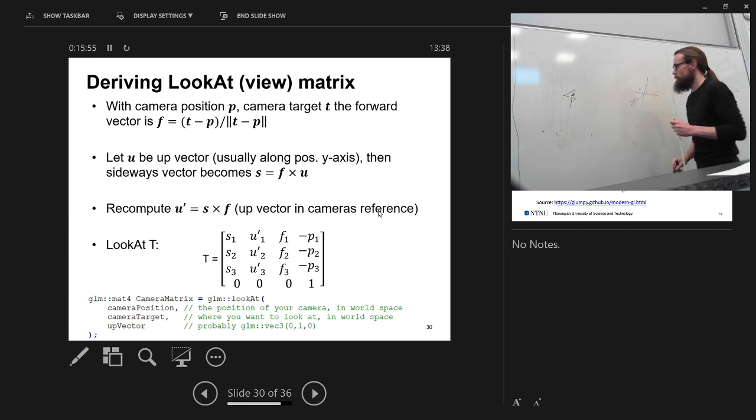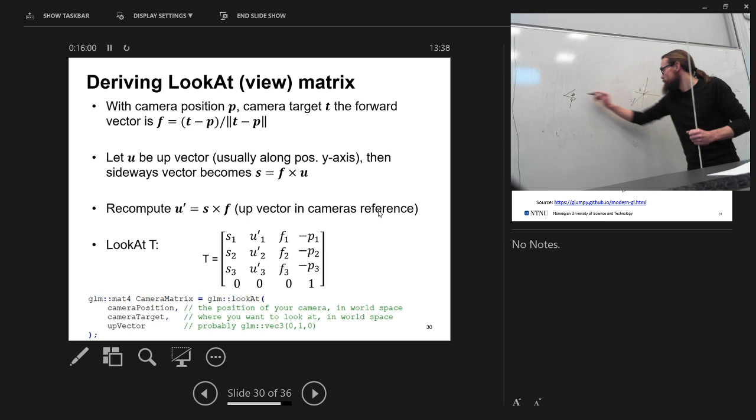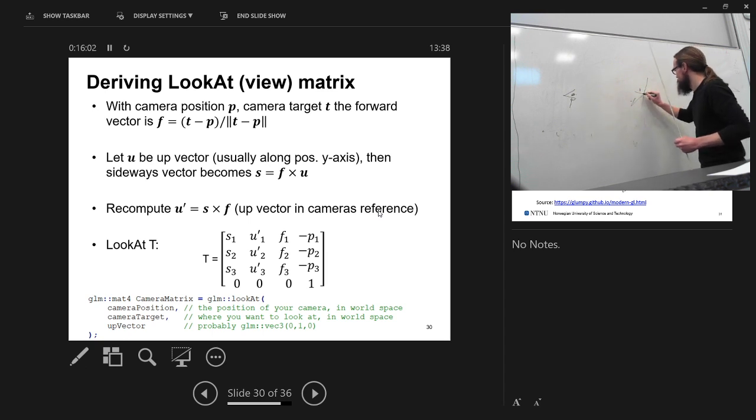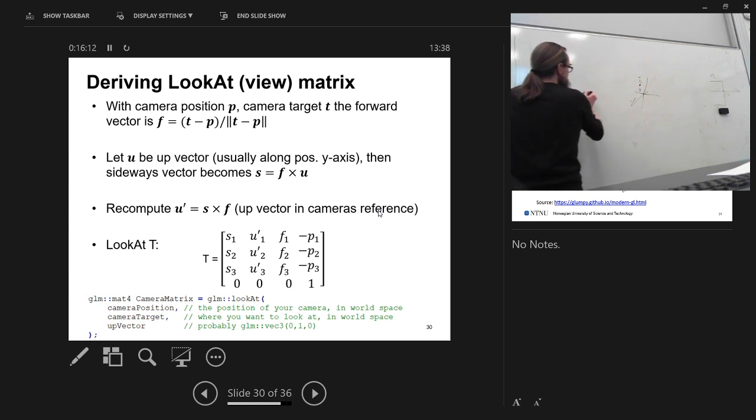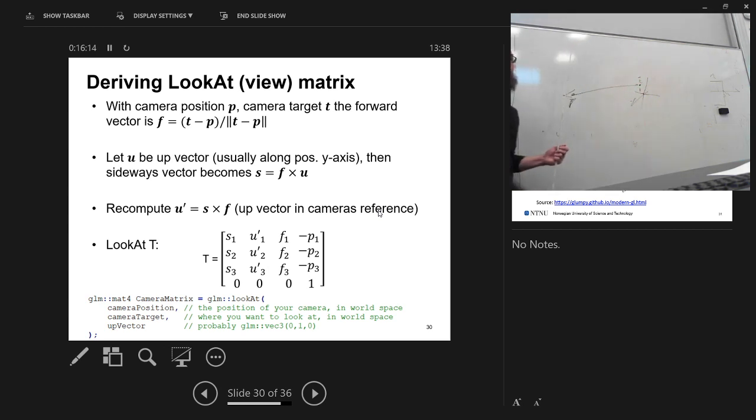And you have some object in it. Let's say it's a point T. And then, of course, in this direction I have a vector. Now I take the difference between these two, I get a vector with a certain length. I divide it by the length, I get a unit vector that points in that direction. So that's your forward vector, right?